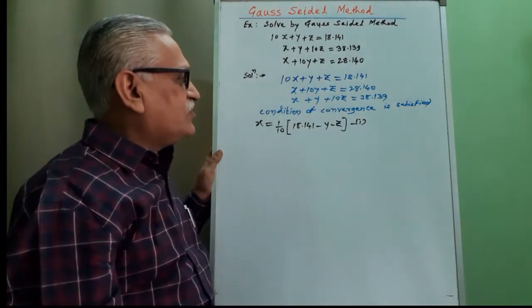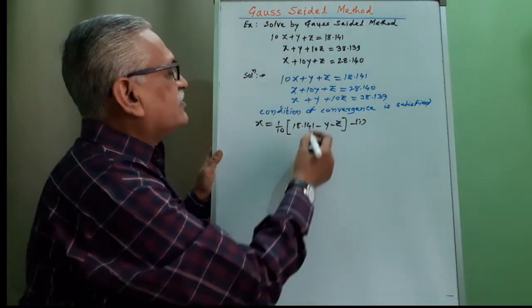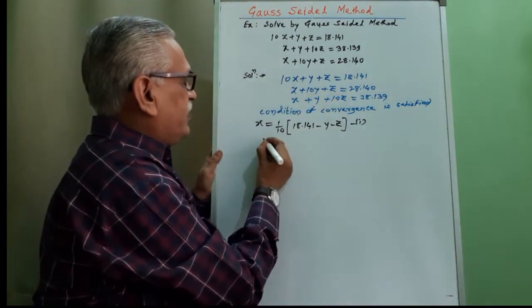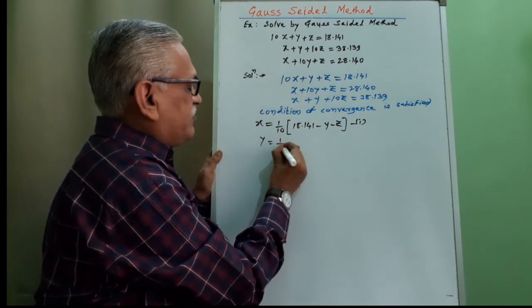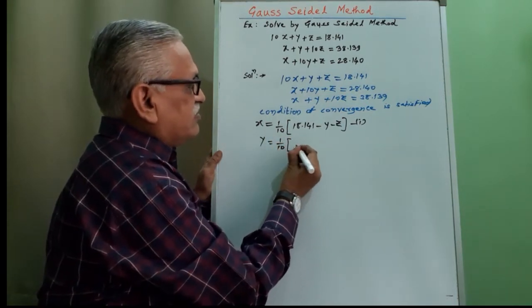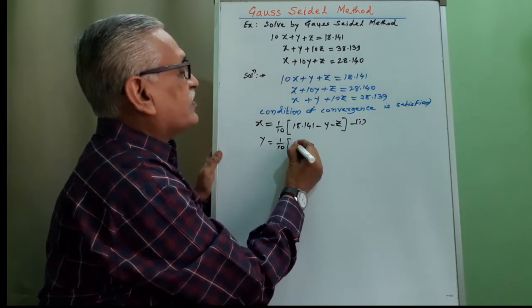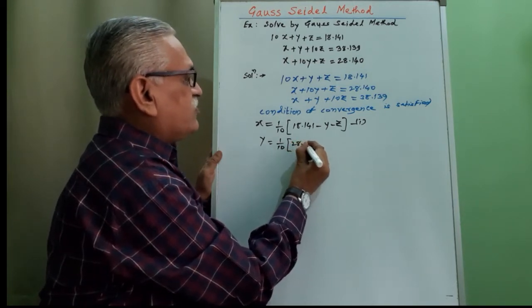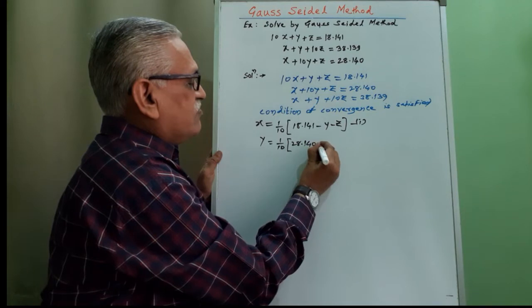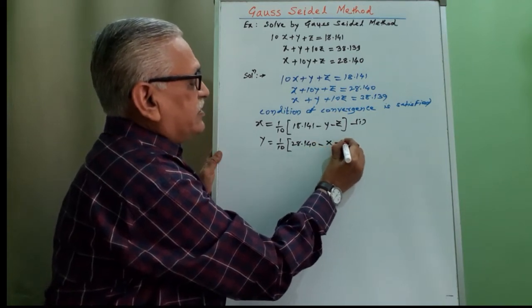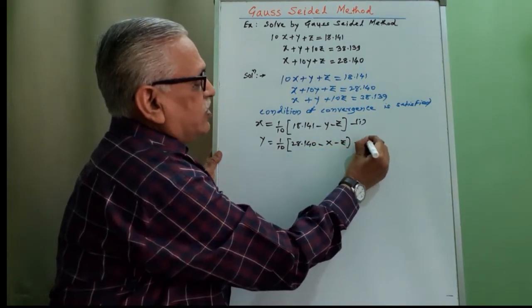Solving for y, we get y is equal to again 1 by 10 times (28.140 minus x minus z). We call this equation 2.